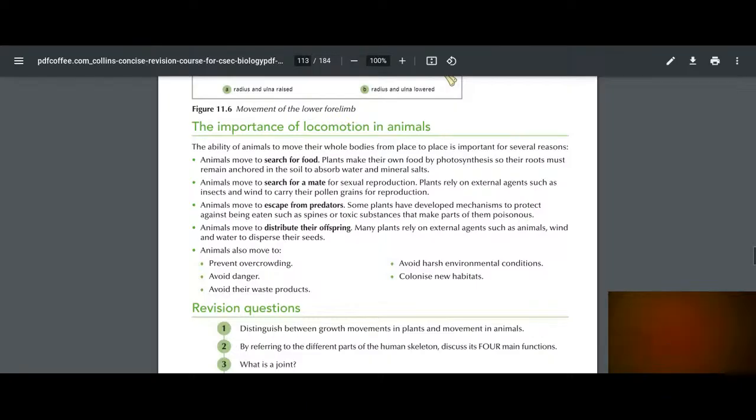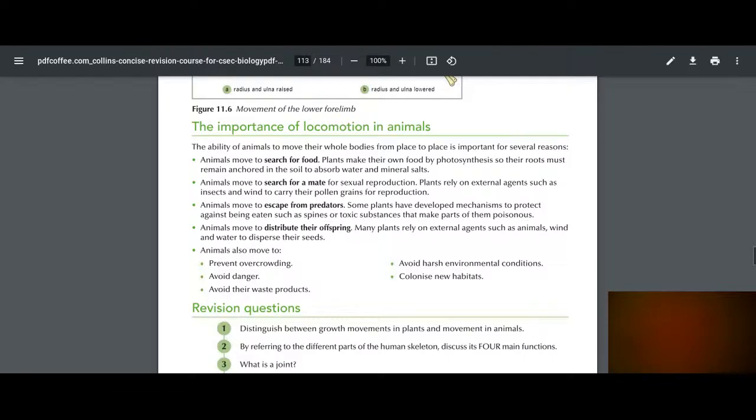The importance of locomotion is: 1, the search for food, 2, search for a mate, 3, escape from predators, 4, distribute their offspring. Also, animals move to A, prevent overcrowding, B, avoid danger, C, avoid waste products, D, avoid harsh environmental conditions, and E, colonize new habitats.